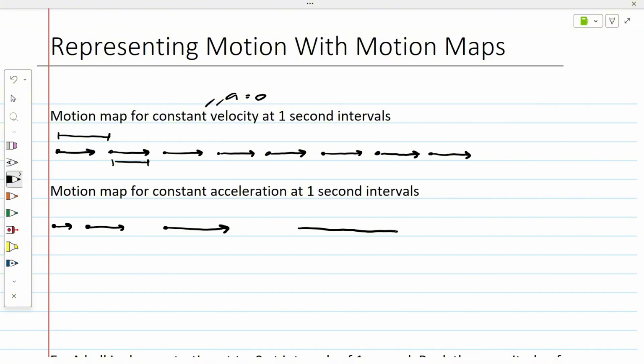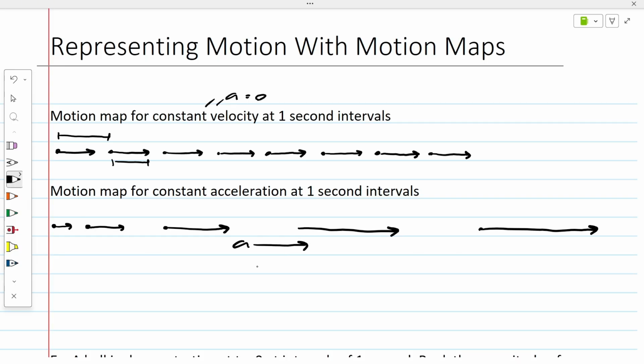The arrows start getting longer because if there's acceleration, then the velocity is increasing. This shows acceleration in the same direction, because it's getting faster in this direction.